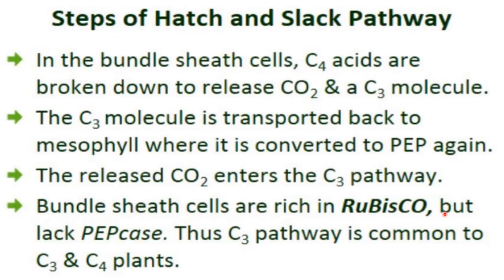But these bundle sheath cells lack PEP case, phosphoenol pyruvate carboxylase, the enzyme present in mesophyll cells of C4 plants. Thus, the C3 pathway is common to both C3 and C4 plants.